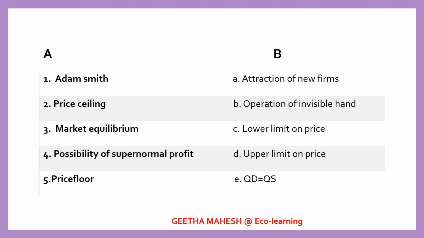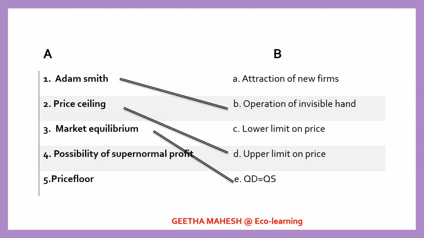Now let us discuss one more question, match the following. Adam Smith, as we know, price mechanism is known as operation of the invisible hand by Adam Smith. Price ceiling, it is an upper limit imposed by government on particular goods, especially agricultural goods. Market equilibrium, where quantity demanded is equal to quantity supplied.